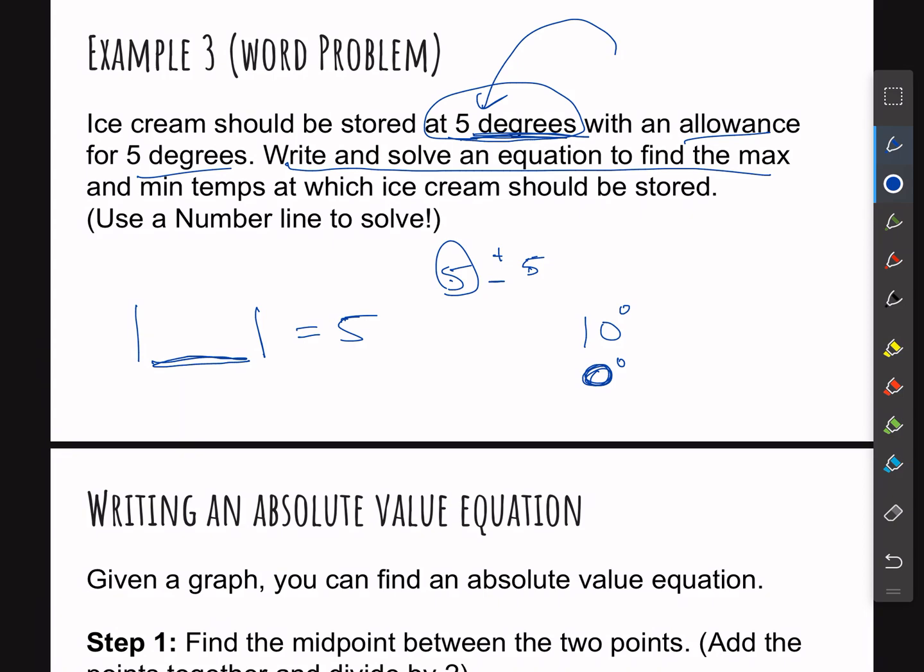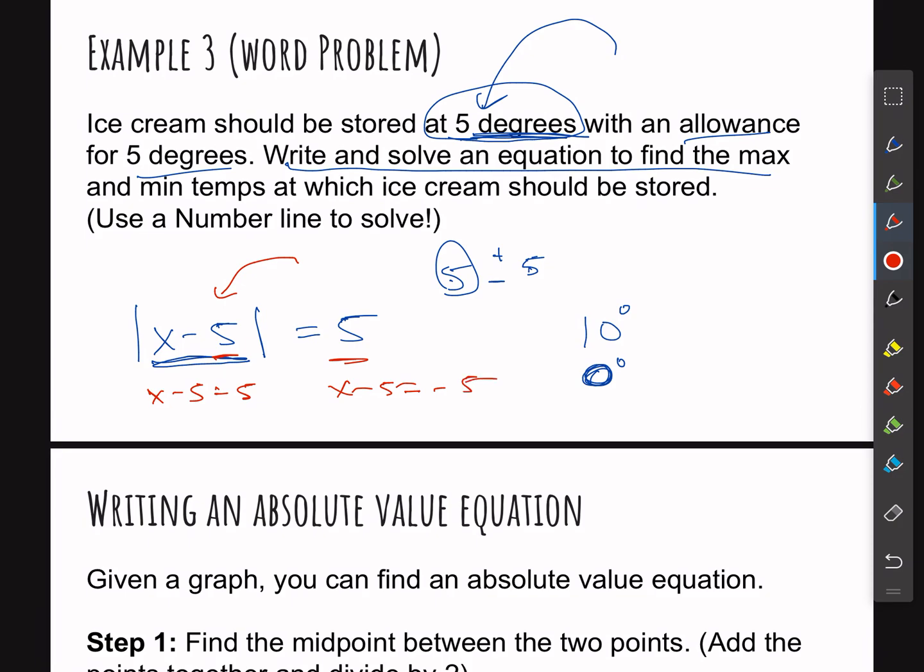So if we're at positive 5 there, we can just say |x - 5| = 5. And then I want to test to make sure that this actually works. Okay, so this is saying some distance from 5 is equal to 5, which I think is what we're trying to do here, but let's make sure. So if I just solve this, I could say x minus 5 is equal to 5, and I can say x minus 5 is equal to negative 5, set it to equal to negative.